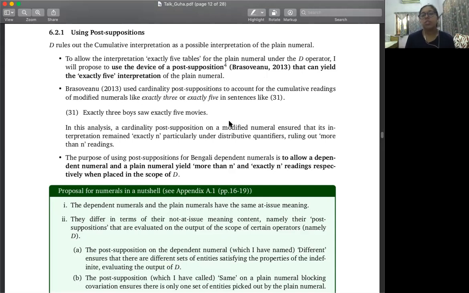Brasaviano used cardinality post suppositions to account for the cumulative readings of modified numerals like exactly 3 or exactly 5 in sentences like 31, Exactly 3 boys saw exactly 5 movies. In his analysis, a cardinality post supposition on a modified numeral ensured that its interpretation remained exactly n, particularly under the distributive quantifier, ruling out more than n readings.